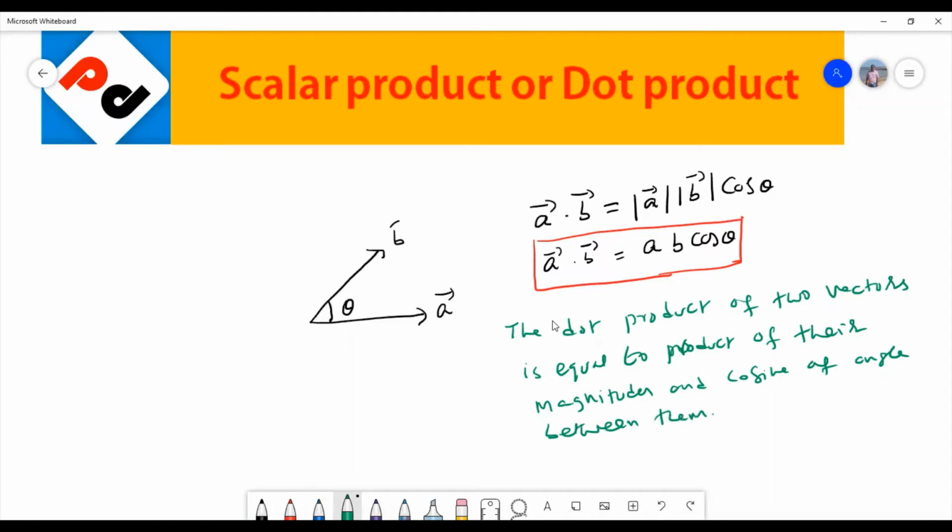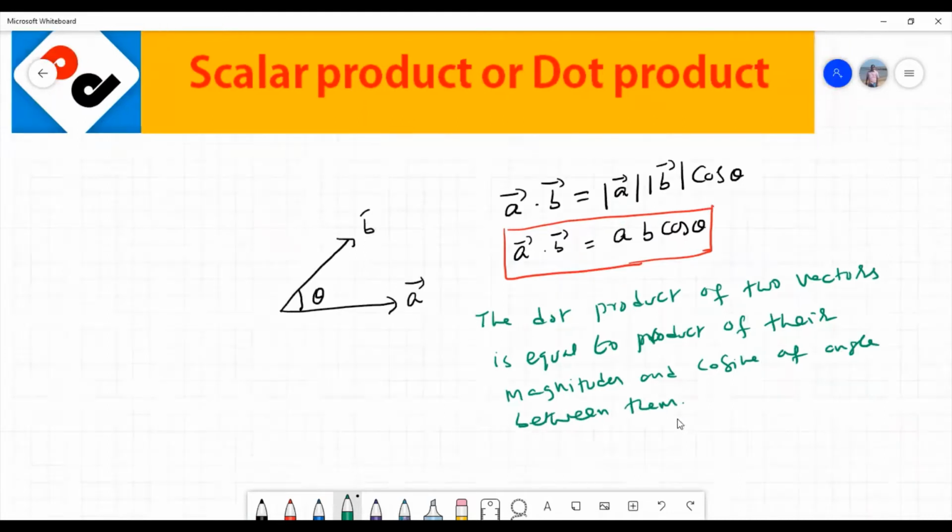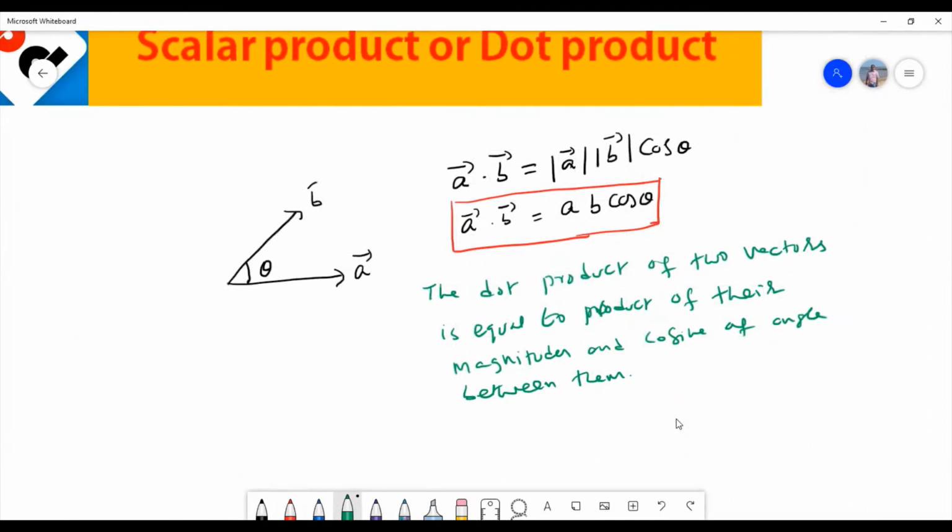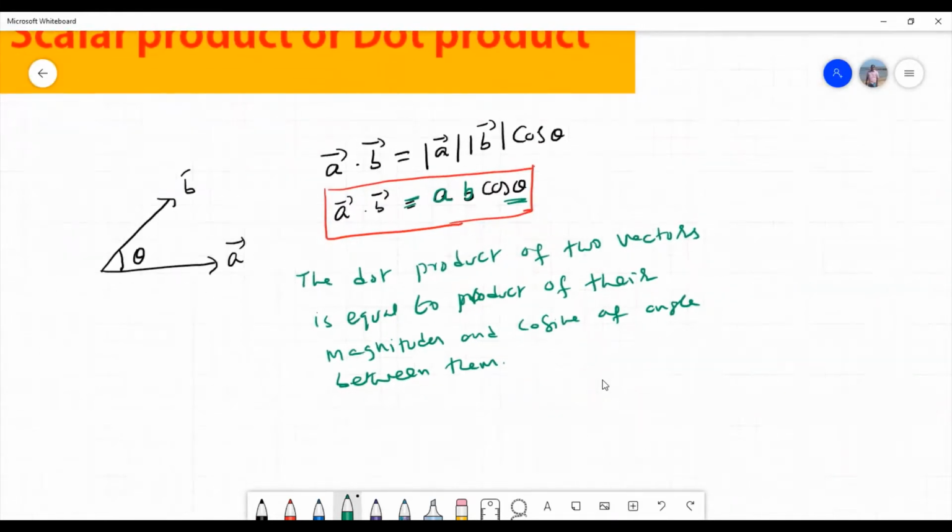So I'm just defining from the equation. So what is dot product? The dot product of two vectors is equal to the product of their magnitudes and cosine of angle between them. This is one way of defining.